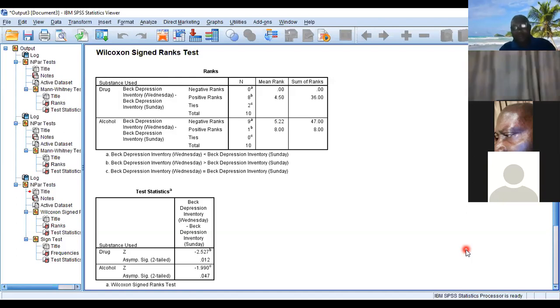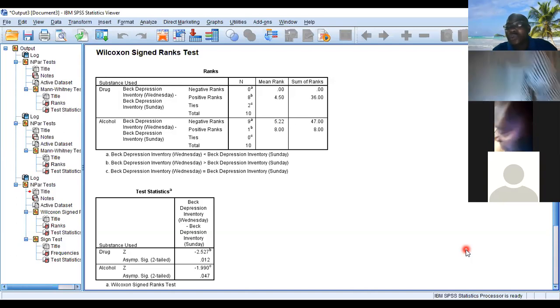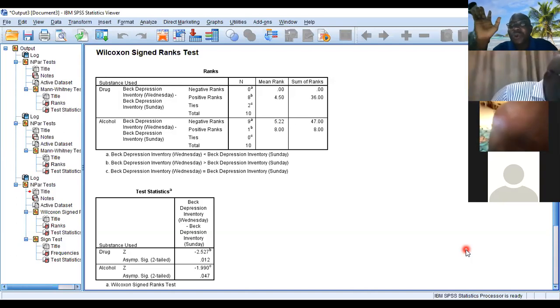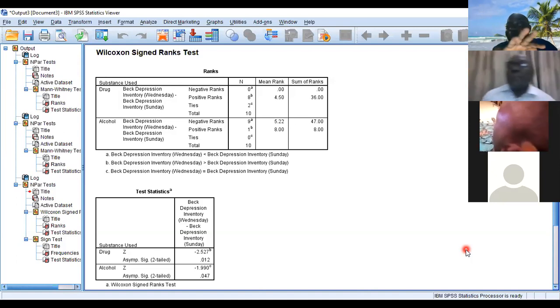Are we together? Please, sir. Does it mean that the odds ratio cannot be used, because this is the rank we use? No, that's not what I'm saying. When you are talking of the odds ratio, it has to be with categories. If you want to do the odds ratio here, we have to categorize the score between drug and alcohol and have a cutoff, high and low.